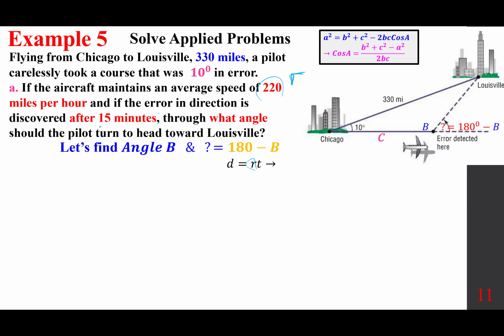For how long? 15 minutes. 15 minutes is 1/4 of an hour. So to be exact, we're going to write 15 over 60. Of course, 15 over 60 is 1/4. But if it wasn't, whatever this number, divide by 60 in order to change to the hours.